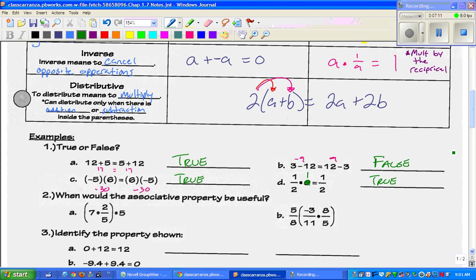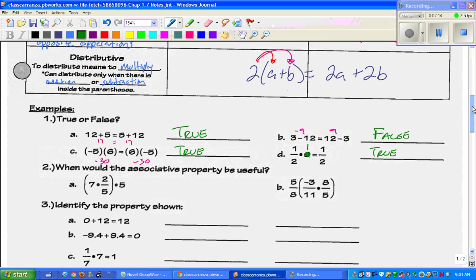All right, question 2 is, when would the associative property be useful? Now, the associative property means that we can move things around. We can reassociate where those parentheses are. So what we would do for A, instead of multiplying 7 times 2 over 5, I'd say we would multiply the 2 over 5 times the 5 first. And now that looks like it's a much easier problem. Because then you would get 7, 2 over 5 times 5 gives you 2, and you get 14.